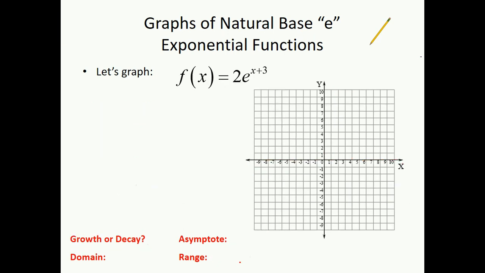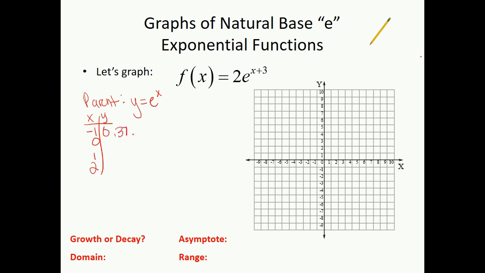Now let's look at ones that have transformations going on. So my parent is still y equals e to the x. All we have is a stretch on this one and then also a shift horizontally. So let's go ahead and fill out our parent table here. -1, 0, 1, and 2. e to the -1 was 0.37.